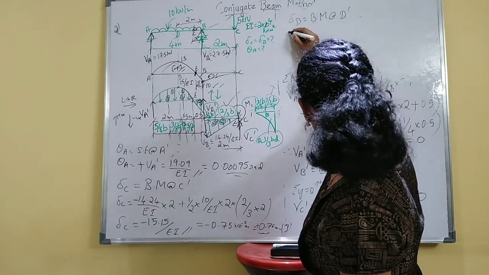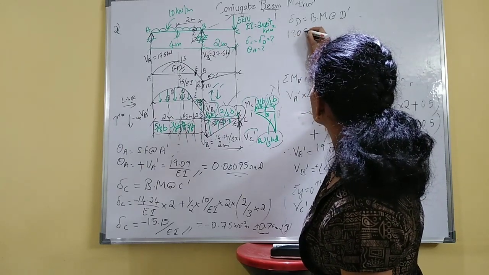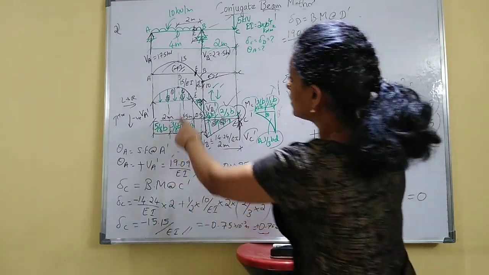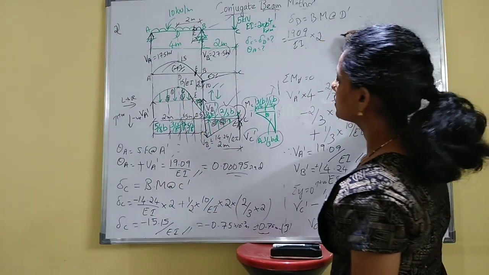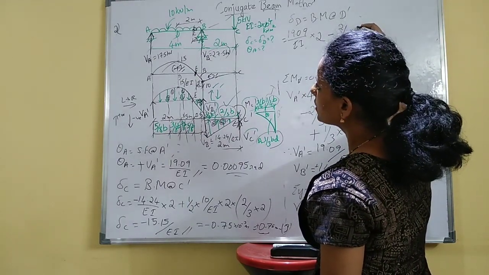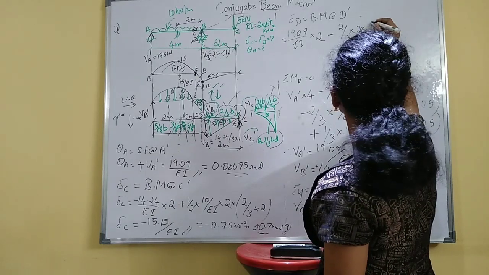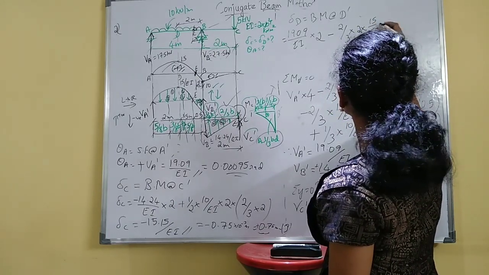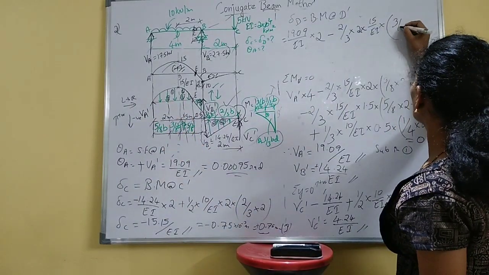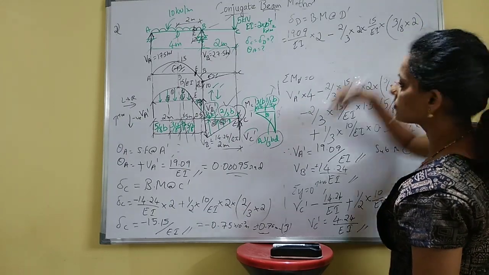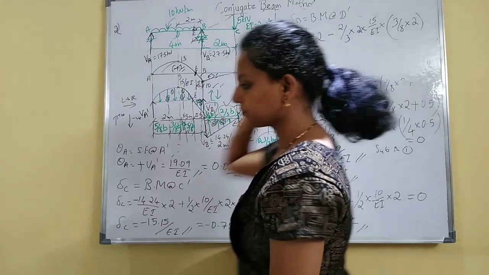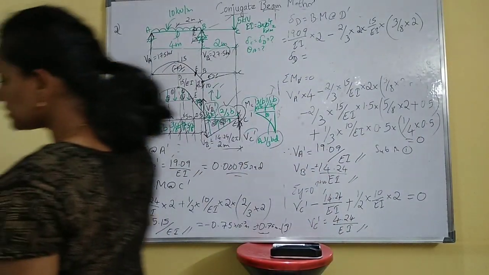So VA dash value is 19.09 by EI into D dash, distance is 2 meter, then minus 2/3 of BD, 2 into 15 by EI into perpendicular distance up to D dash, that is nothing but 3/8 of B. That's all, 1 and 2. Just calculate, you will get delta D.